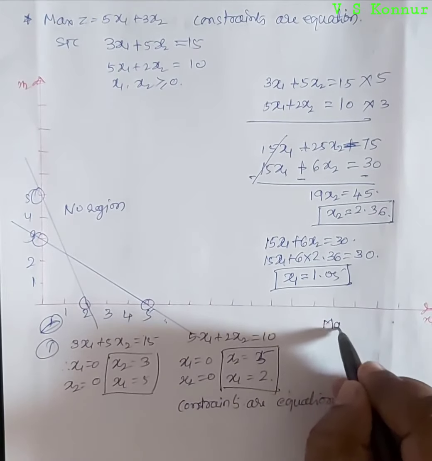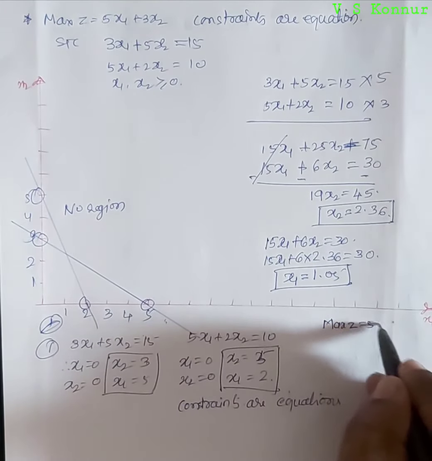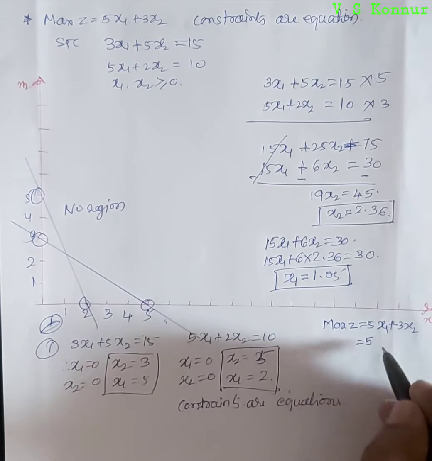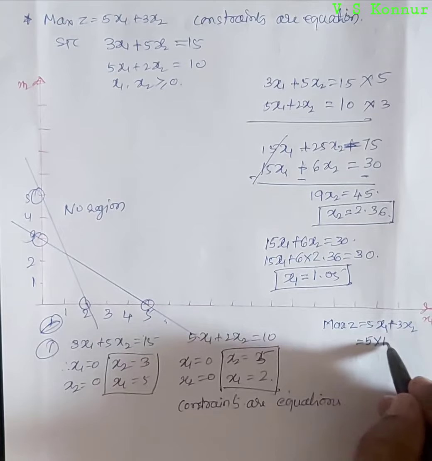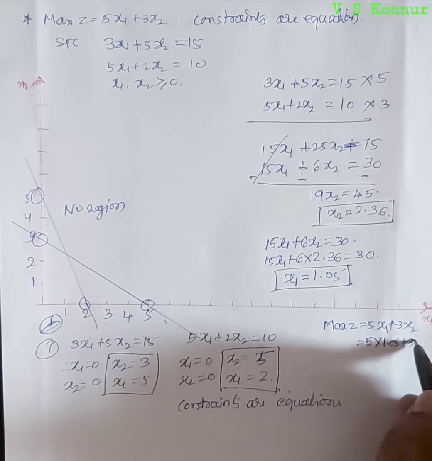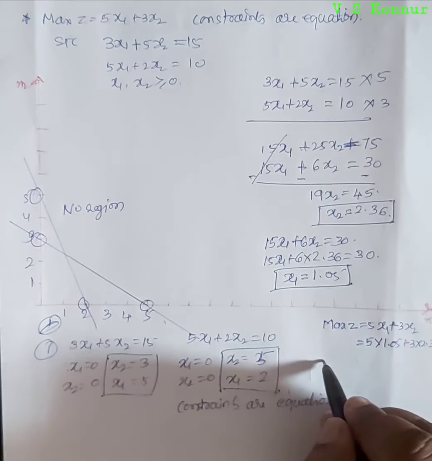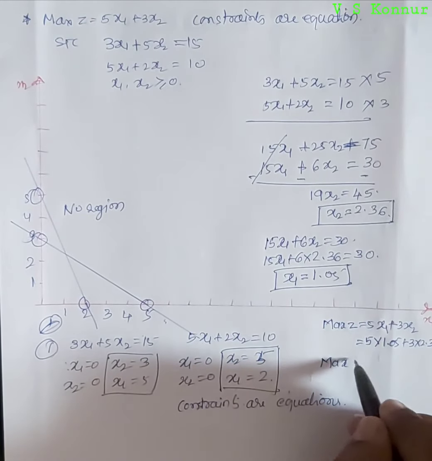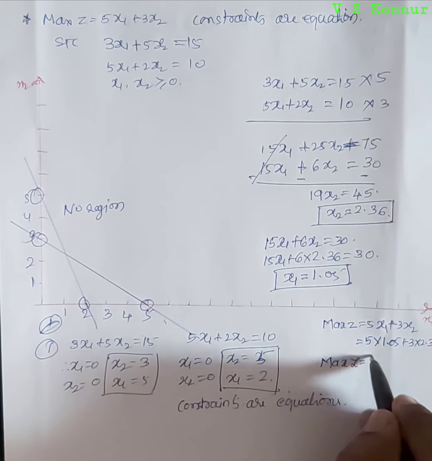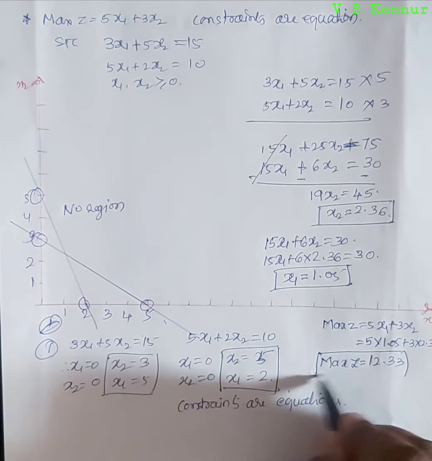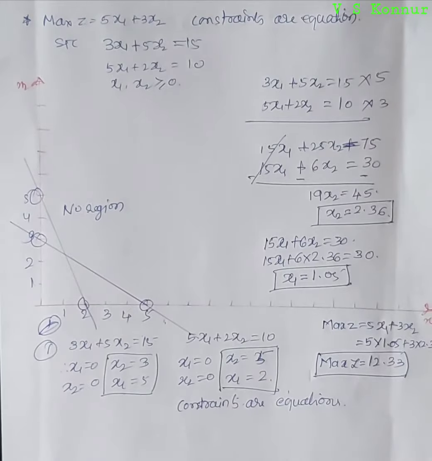Max of z is equal to 5x1 plus 3x2. That is nothing but 5 into 1.05 plus 3 into 2.36. So max of z is equal to 12.33. You can solve this type of problem in this way.